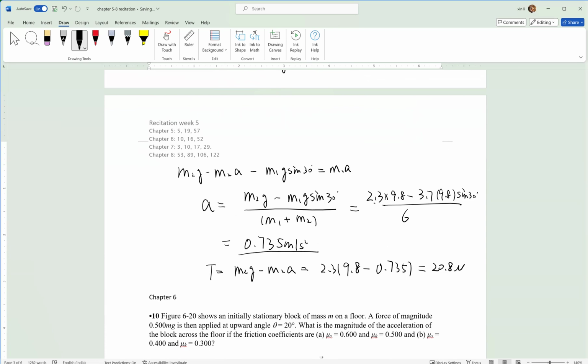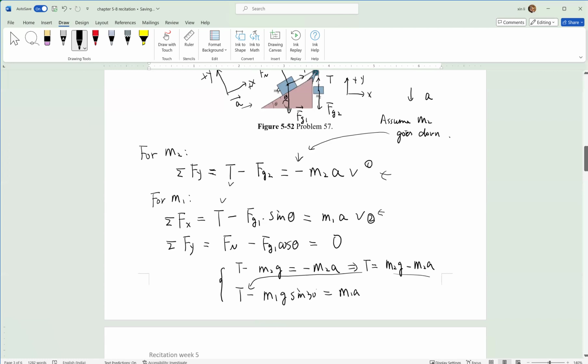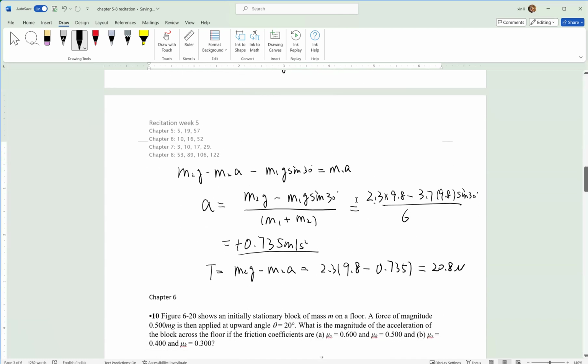Your acceleration is positive, which means our assumption is right. Acceleration should go down, so A goes down. And then our tension is this.